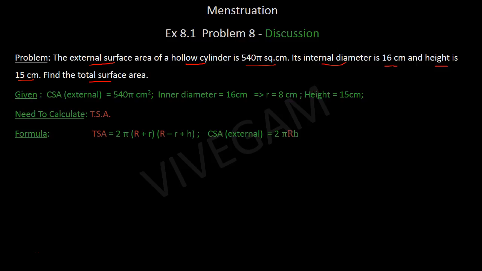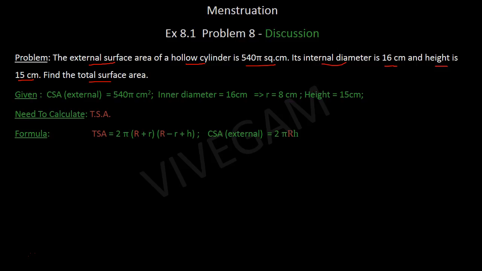Okay, in this formula if you see, we want to calculate TSA, but we cannot calculate TSA because we don't know the external radius. So unless we calculate capital R, we will not be able to use this formula. So next you see the additional information which they have given here. CSA equal to 540 pi centimeter square.